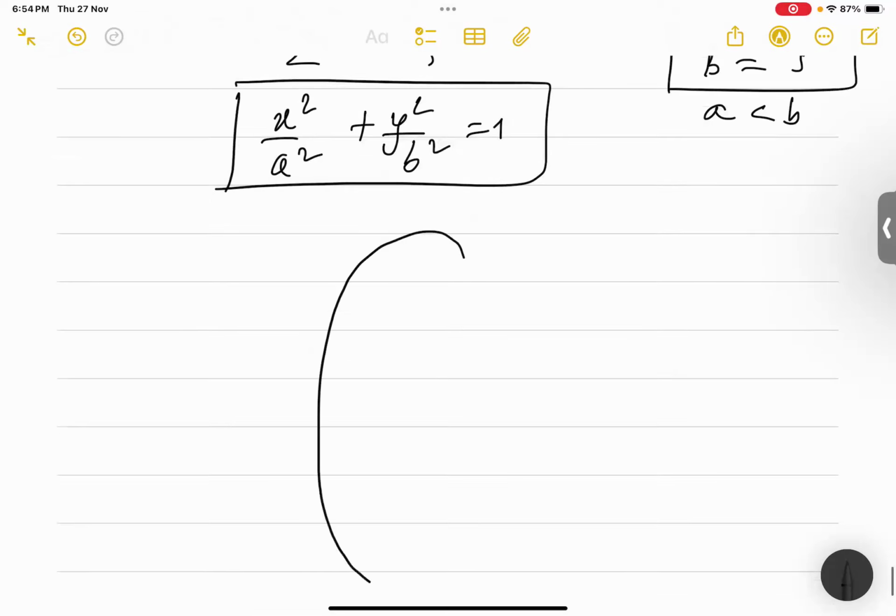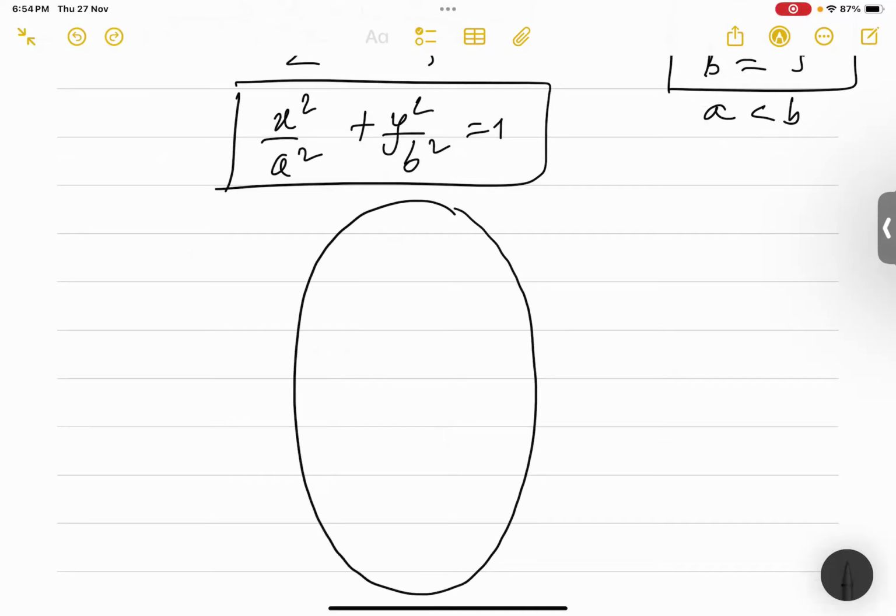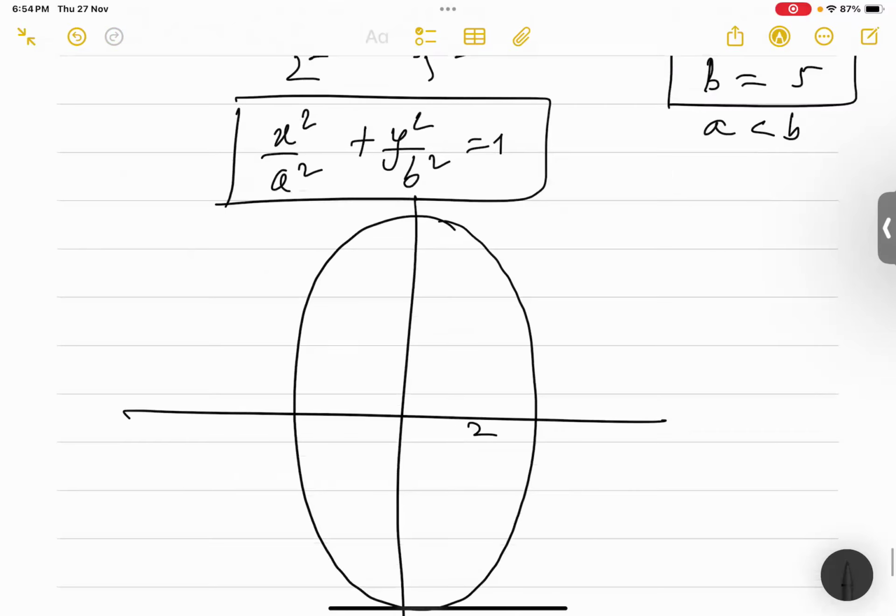Big diagram. This is 2. No need to write 5 anywhere, that's fine. This is origin 0 comma 0. What is this point? Can someone tell me? 2 comma 0. This is A. Shade this.